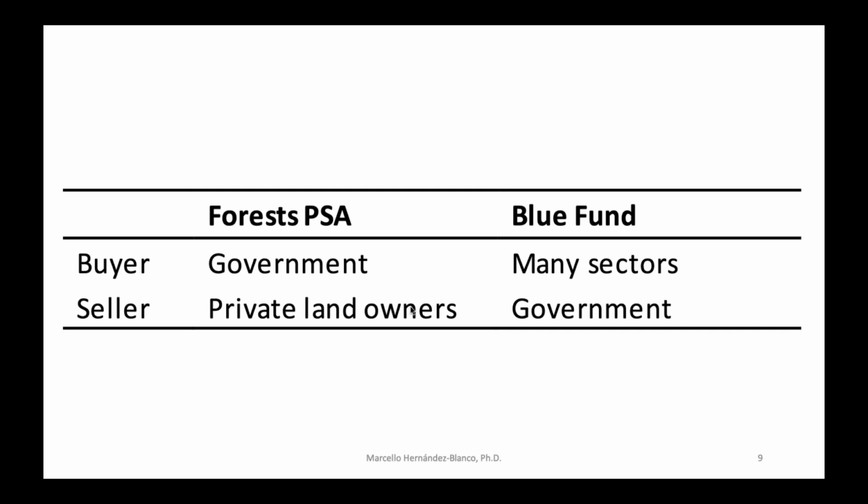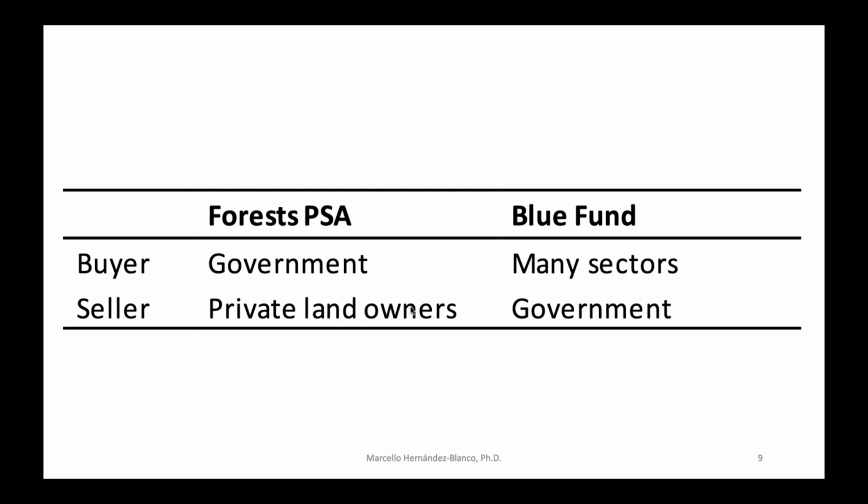On the other side, if we want to design a new scheme for marine ecosystem services, we have the opposite of what we have in forests, because instead of having one buyer, we would have several or many buyers, several sectors that get benefits from ecosystem services.